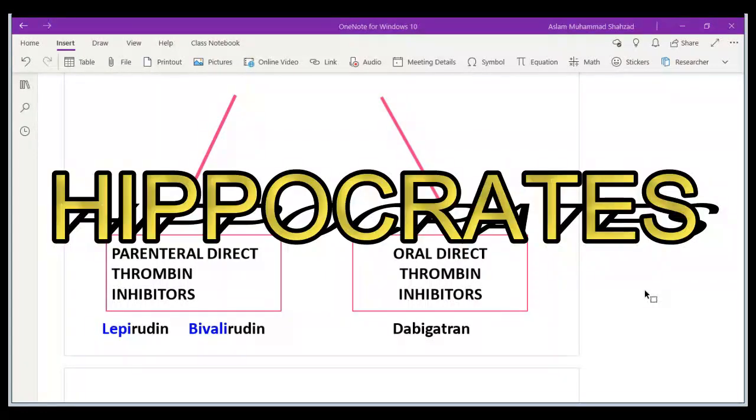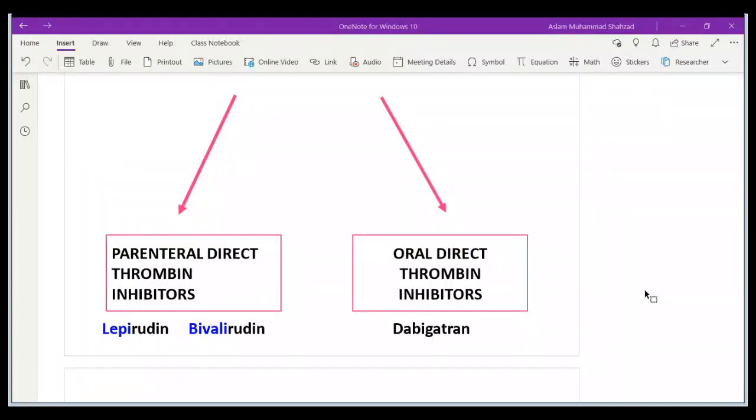Medicinal leeches were used by surgeons. Actually, this drug hirudin is extracted from leeches, which produce this bioactive compound in their saliva.